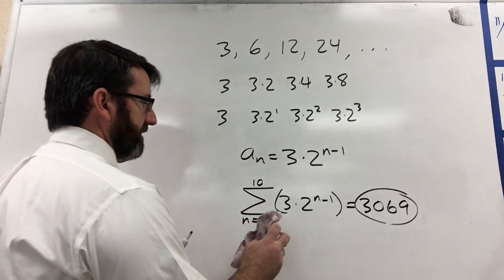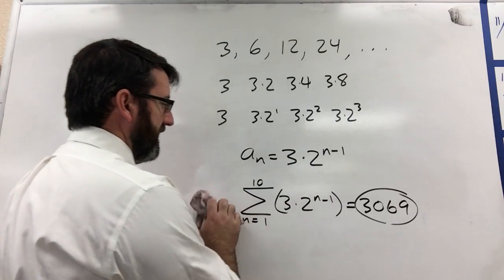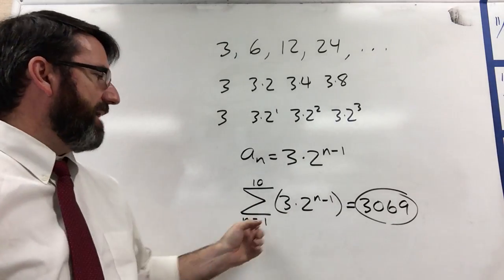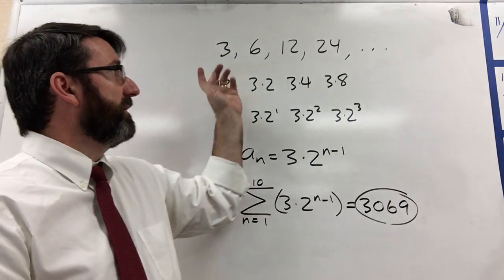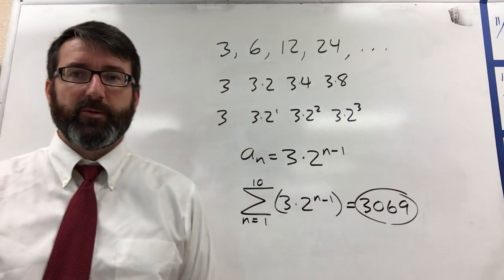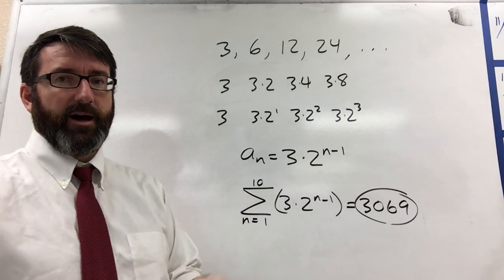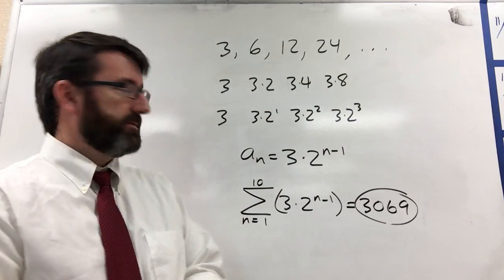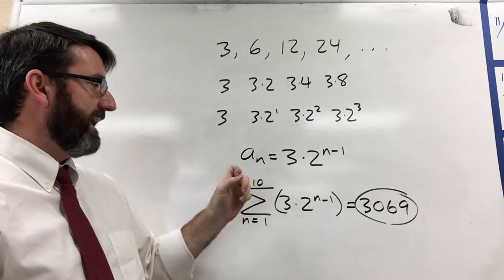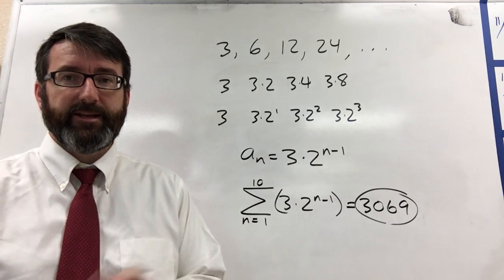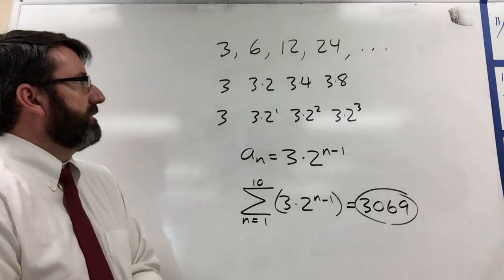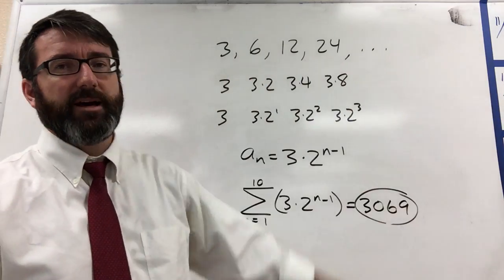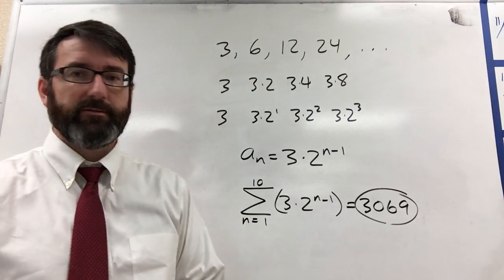All right, last thing I wanted to talk about is what happens if we want to sum all of the terms of this sequence. In other words, an infinite number of terms. So instead of 1 to 10, we're going 1 to infinity. Well, with this sequence, that's not going to work, right?